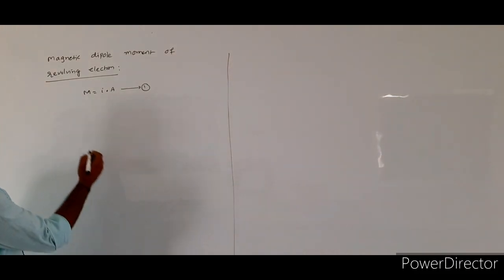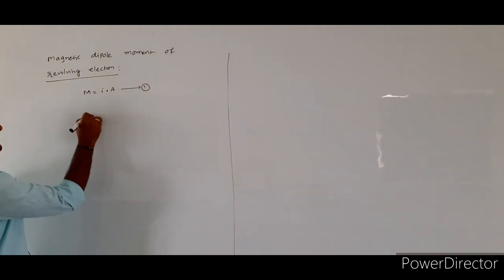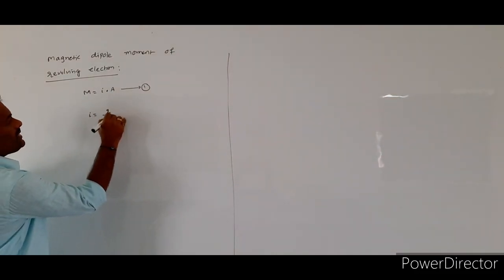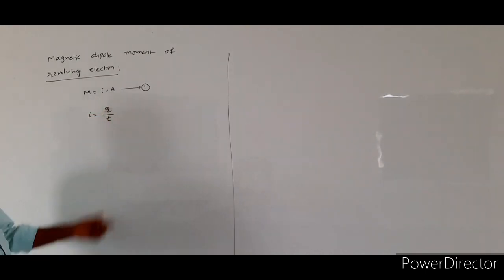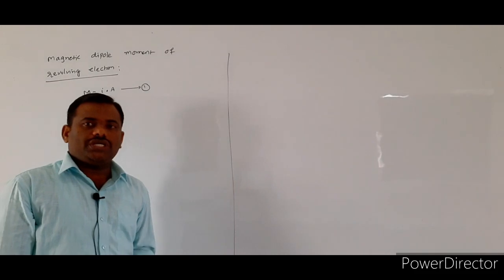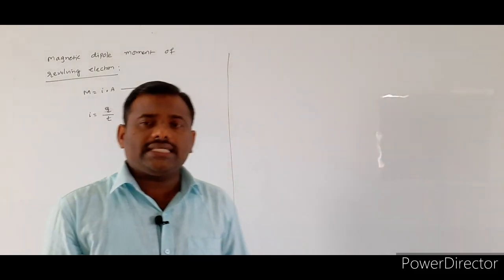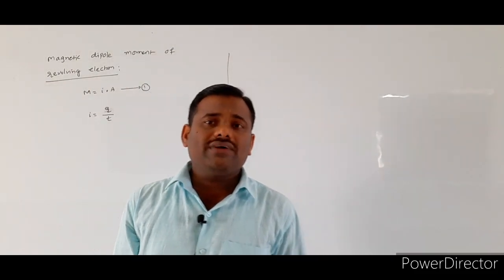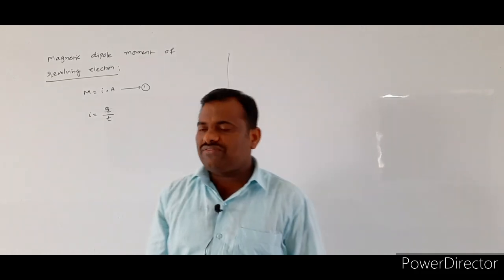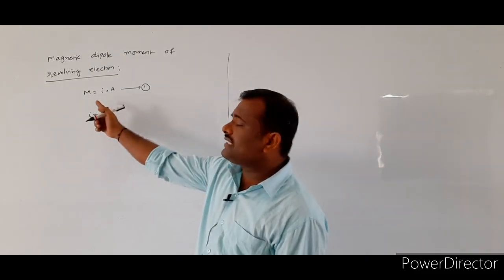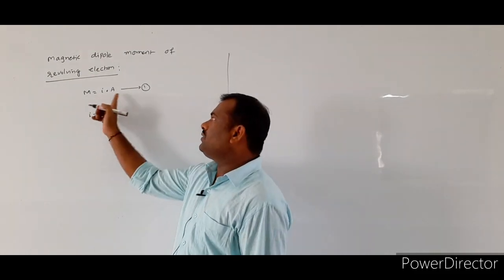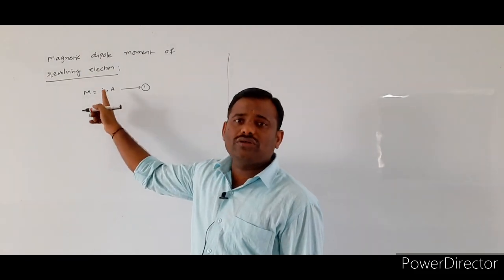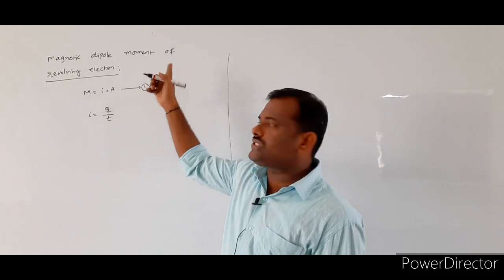So if an electron is moving in the circular path, due to its motion, it is also producing some amount of the electrical current. What is the general formula for the magnetic moment? Magnetic moment is equal to I into A. So it is a product of amount of the current and area of the circular loop.